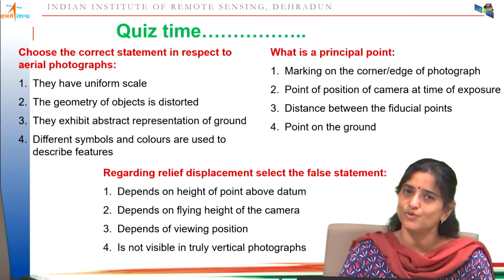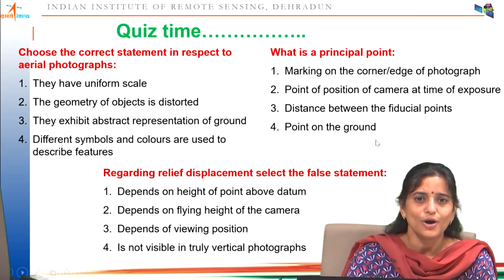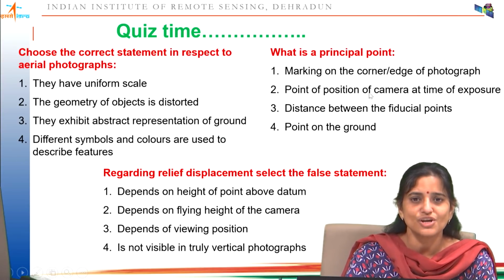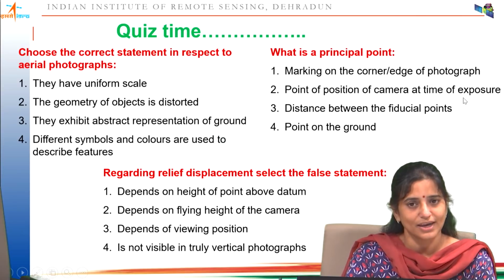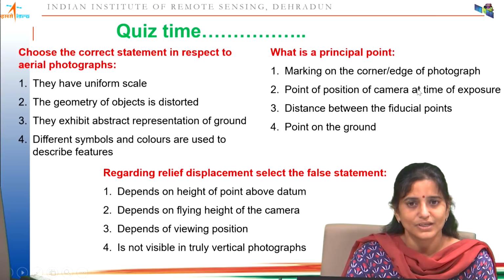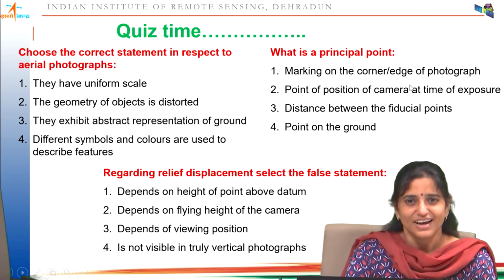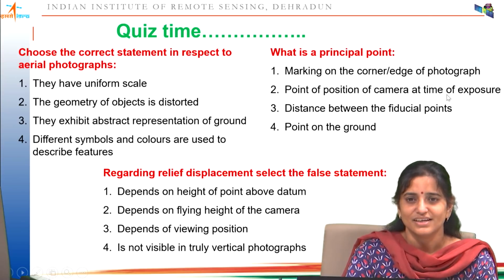Now the second question, what is the principal point? Point of position of marking of the corner of the edge of the photograph? No. Point of the position of the camera at the time of exposure? No. Oh sorry, I think this answer is wrong.